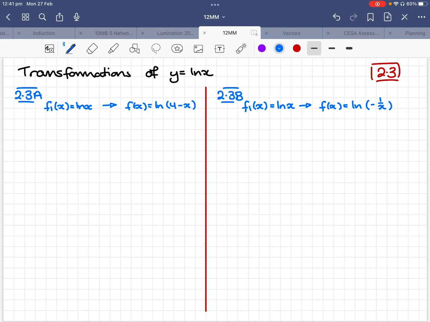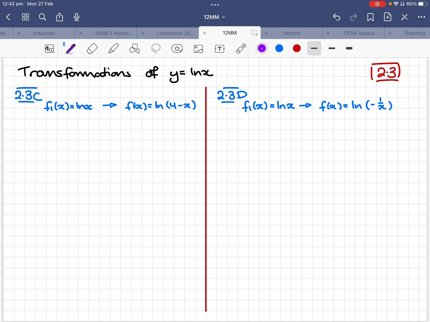And 2 more examples. Let's just correctly notate these ones. There's C and D. Here we've got ln of x going into ln of 4 minus x. We really want to see it in that form of constant times x plus or minus something.